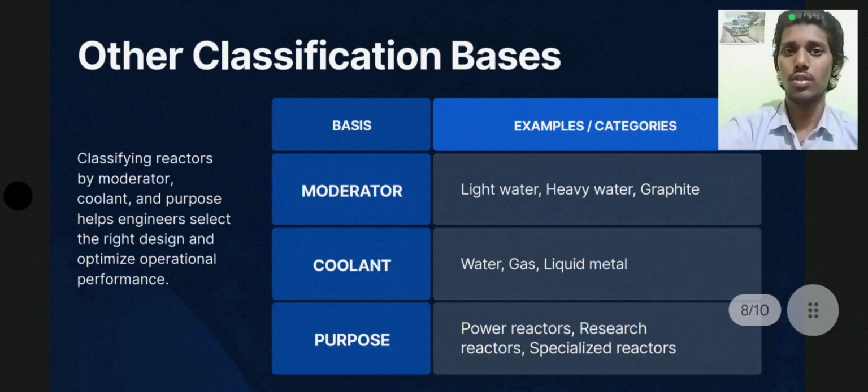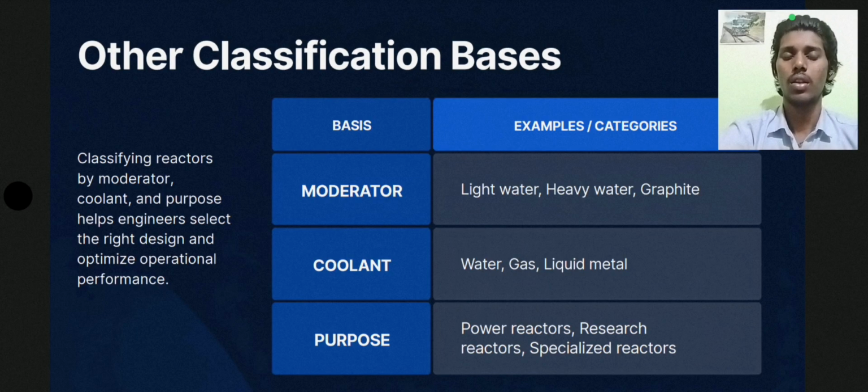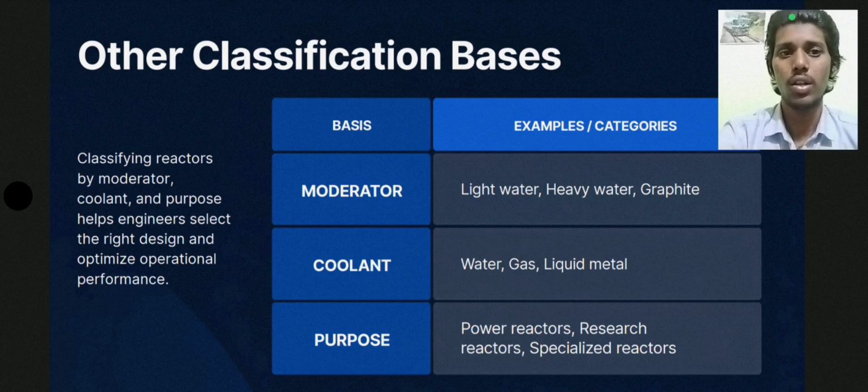Then there are other classification bases. As we saw in the previous slide, there is a moderator, a coolant, and purpose. In moderators, the categories are light water, heavy water, and graphite. In coolants, there are water, gas, and liquid metal. In purpose, there are power reactors, research reactors, and specialized reactors.